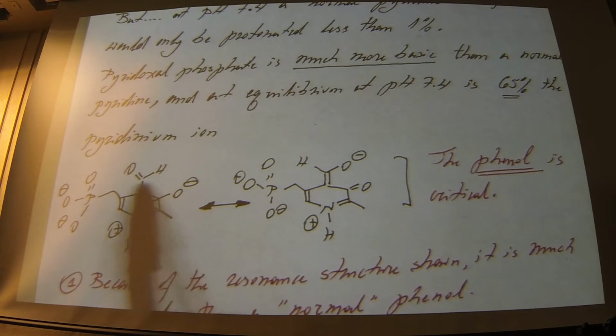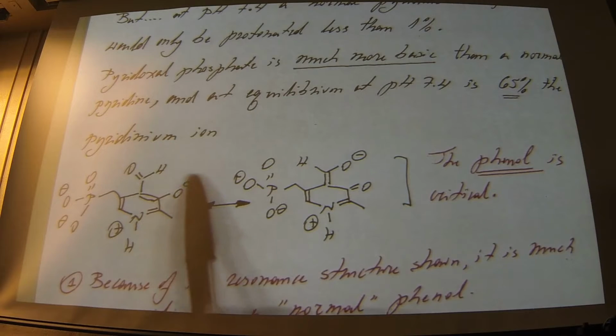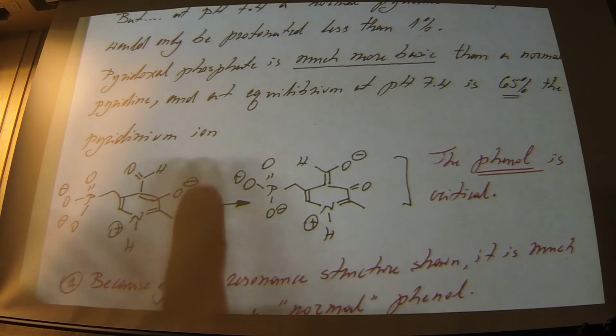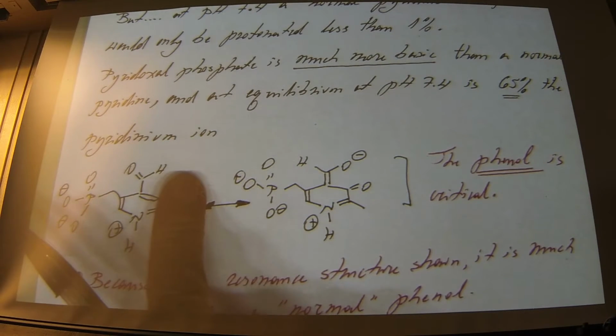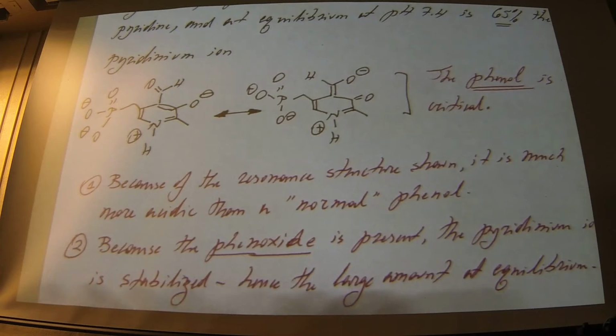And so having a negative charge here, 1, 2, 3 bonds away from a positive charge, stabilizes this pyridinium ion and renders it stable in the protonated form. So it turns out that this group here is critical. Absent this, none of this stuff works. And so that phenol is a critical feature of the cofactor.